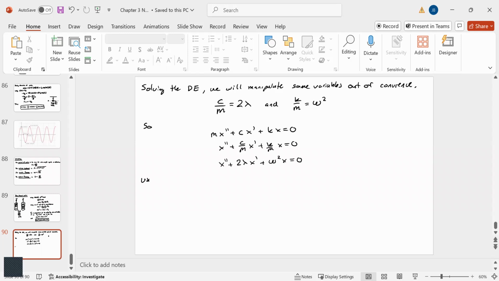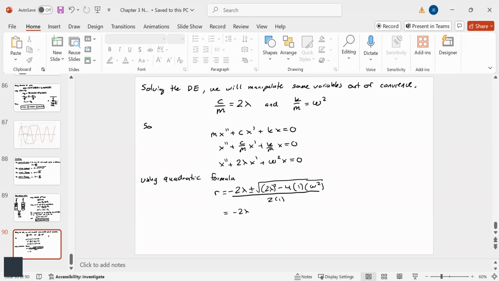So using the quadratic formula, our root is going to be equal to negative 2 lambda plus or minus the square root of 2 lambda squared minus 4 times 1 times omega squared, all over 2 times 1.